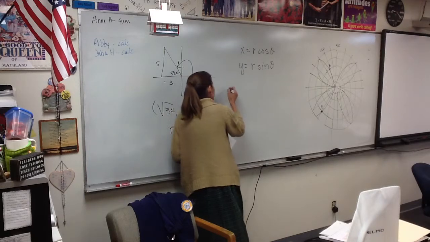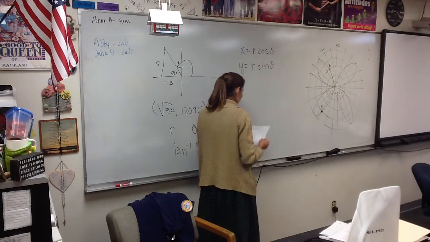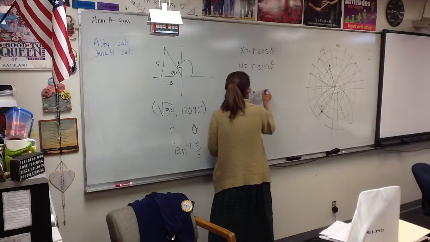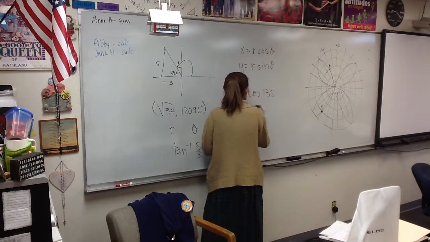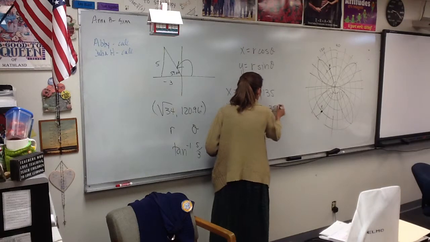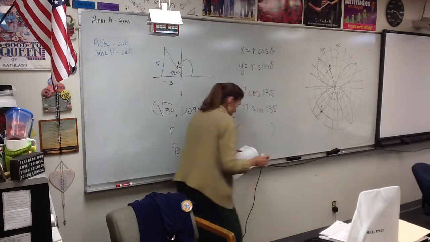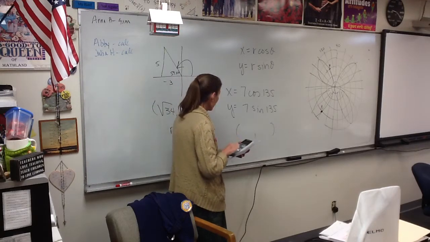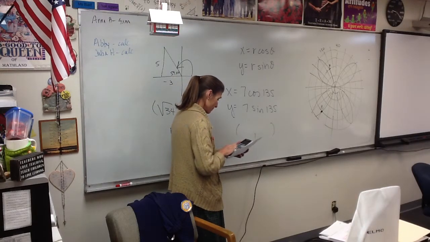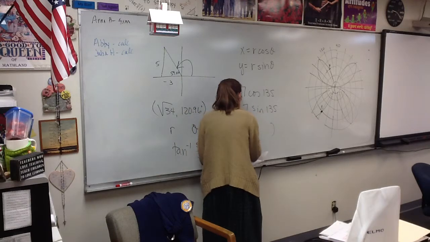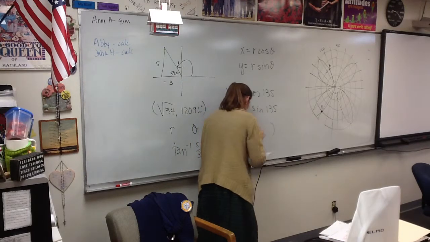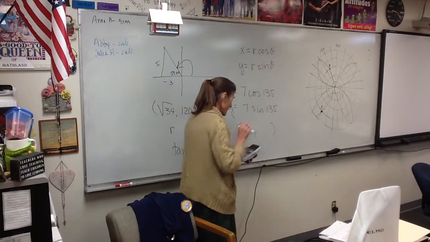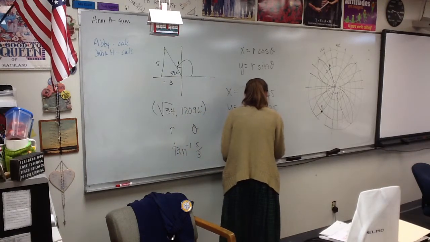So what will I type into my calculator in problem number 2? 7 cosine 135, 7 sine 135. And the answer will be coordinates in ordered pairs: negative 4.95, and positive 4.95.